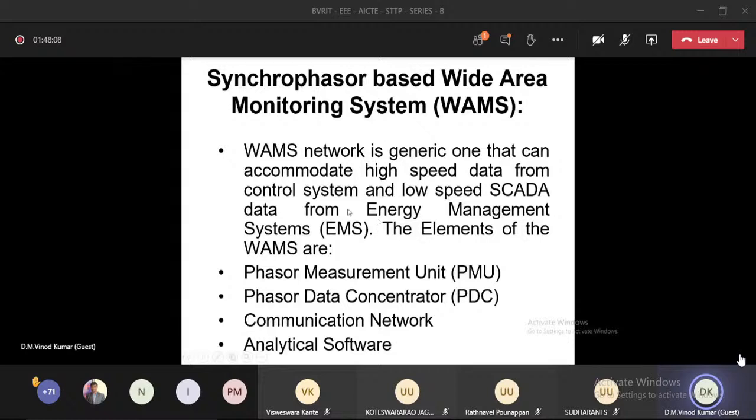The elements of the WAMS, the wide area measurement system, consist of PMUs, PDCs, a communication network, and analytical software.